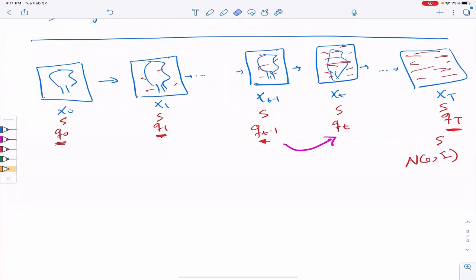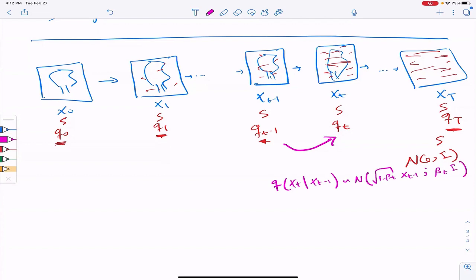I have a good formulation for xt given xt minus 1. It is just a Gaussian distribution with a scaled down version of xt minus 1, and the covariance is beta t times identity. It's a forward distribution.